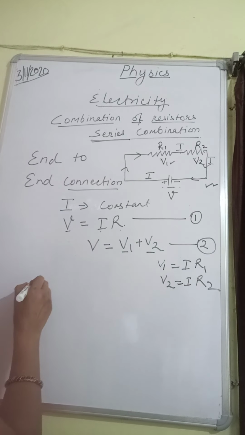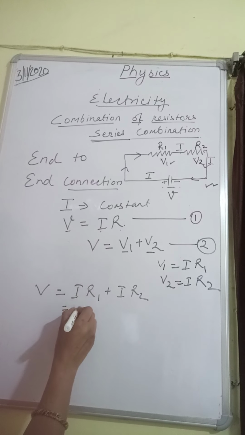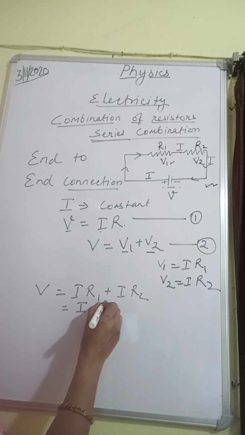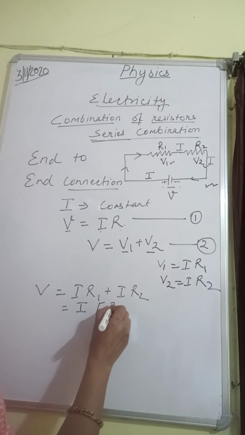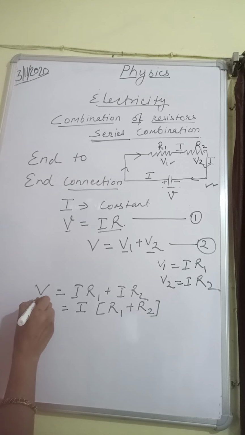As the current remains constant, we can take the common I: I times R1 plus R2. From Ohm's law, V is equal to IR. So we can write this here.